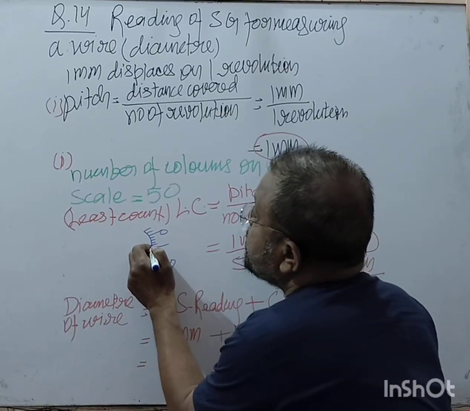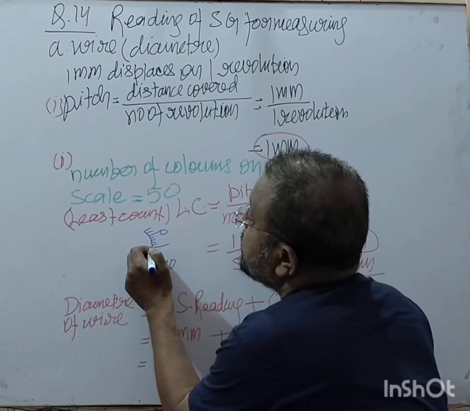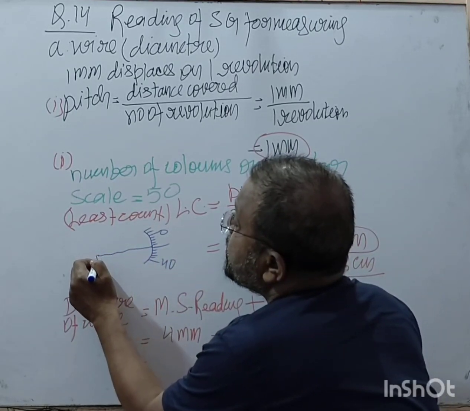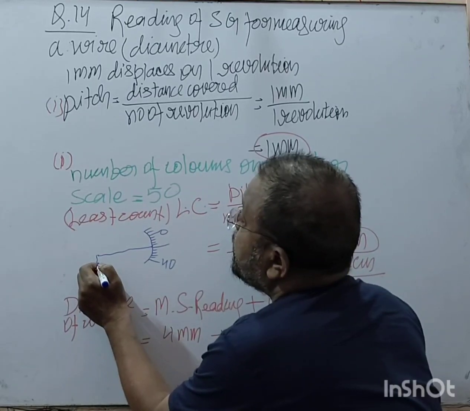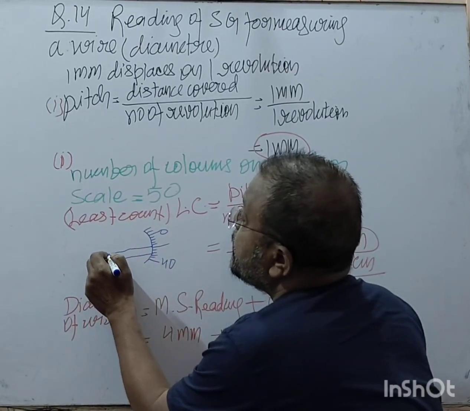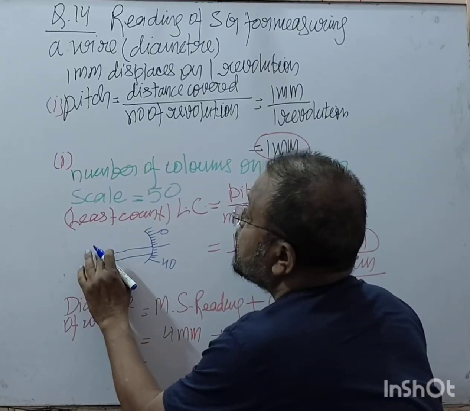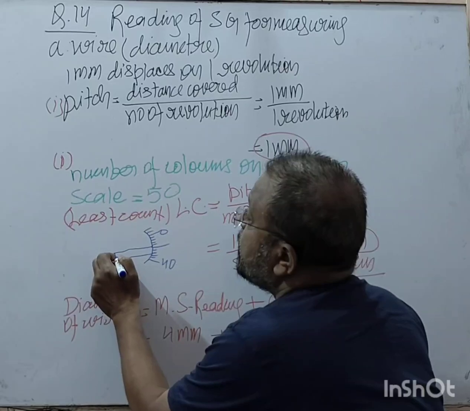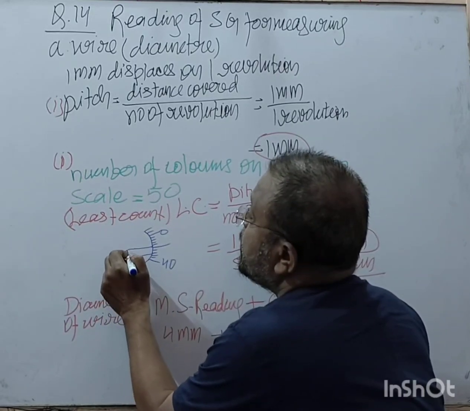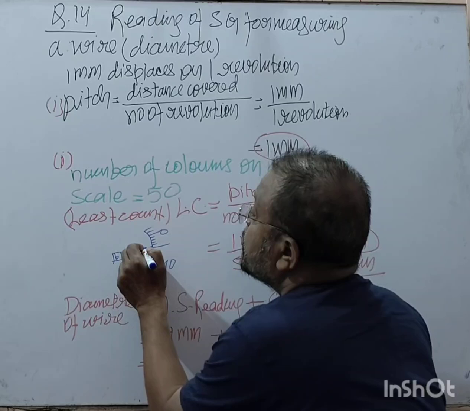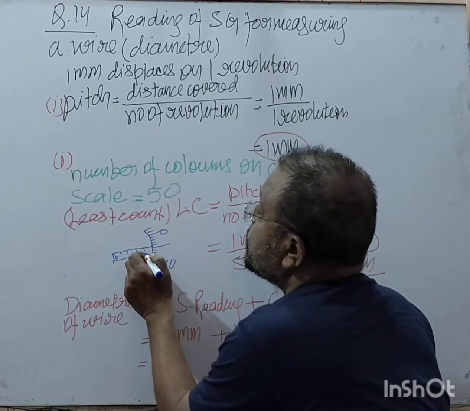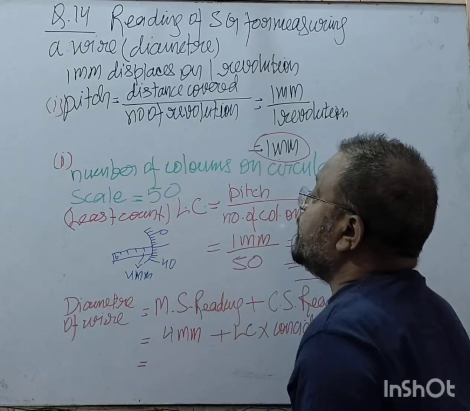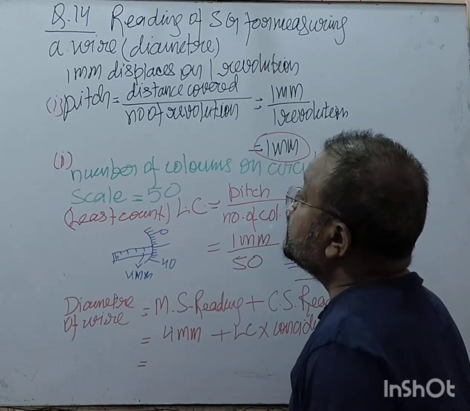And there is the main scale, showing 0 here, then 1, 2, 3, 4. So we said it is 4 millimeter, right? And which column is coinciding with the line?